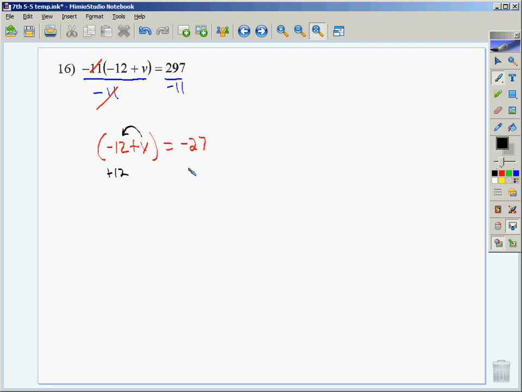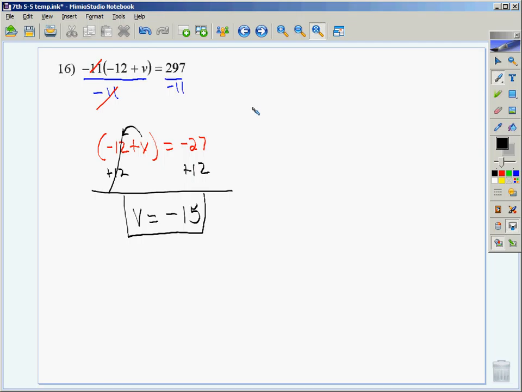So I would add 12 to both sides of the equation. The 12's again would cancel out, leaving me just v. A negative and a positive, I keep the sign of the larger number. It's going to be negative. And a negative 27 plus 12 is a negative 15. So v equals a negative 15 for number 16.